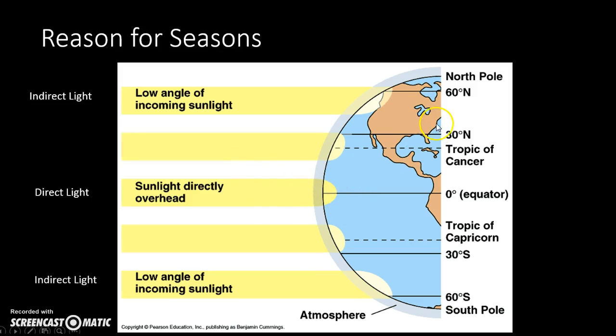If we're up where we are, over in Connecticut, which is about here, or even closer to the poles, you get what's called indirect light, which means we have a lower angle of sunlight, which means it's spread out over a larger area. What this means is it's going to be warmer down here and cooler up here, because the less sunlight that directly hits the Earth, the cooler it is.